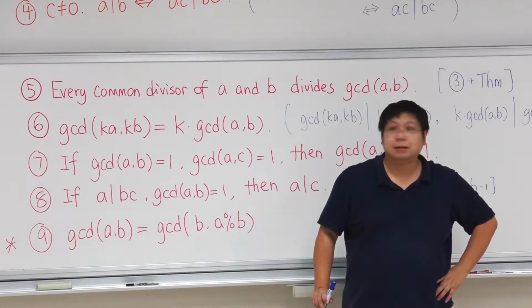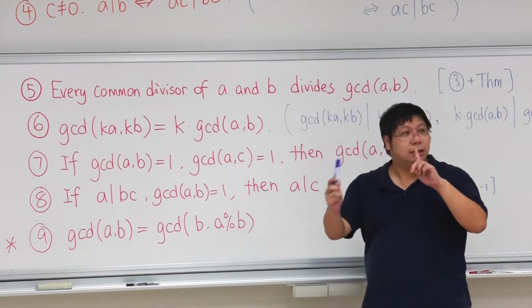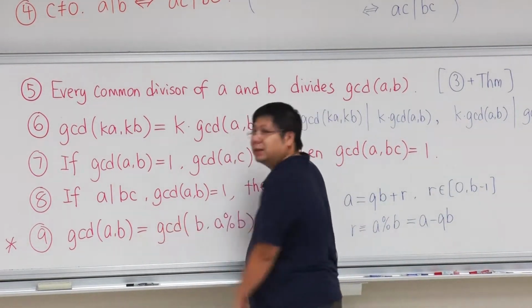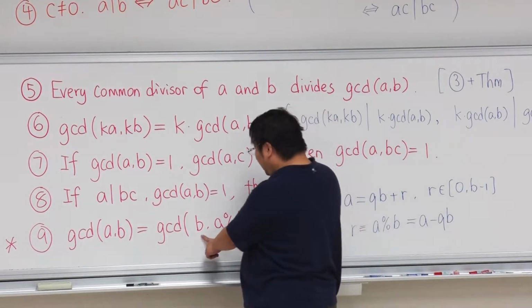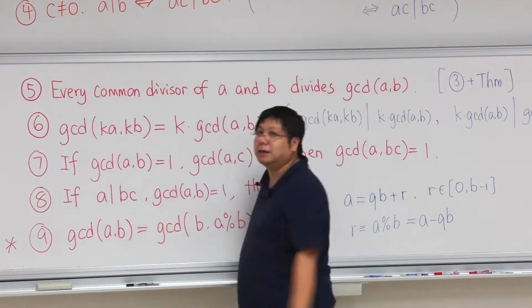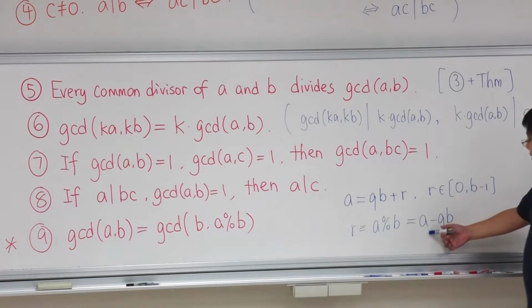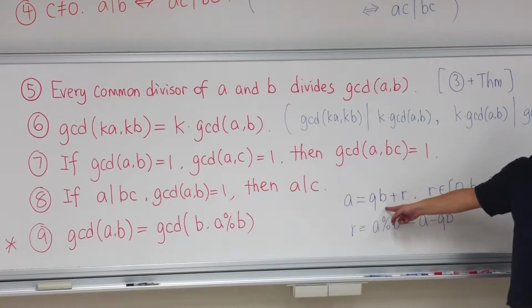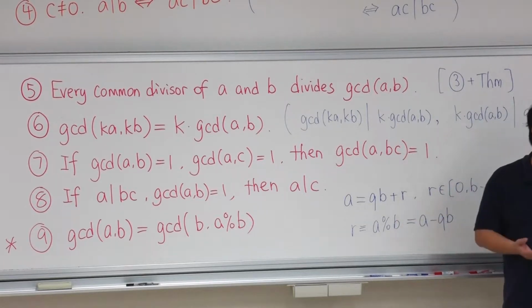Is that okay? So we just need to show the reverse, the other side. B is equal to B, right? But you can use B and A mod B to create A. How do you create A? You just have Q copies of B, and then one copy of this A mod B, you can get A. Is that okay?